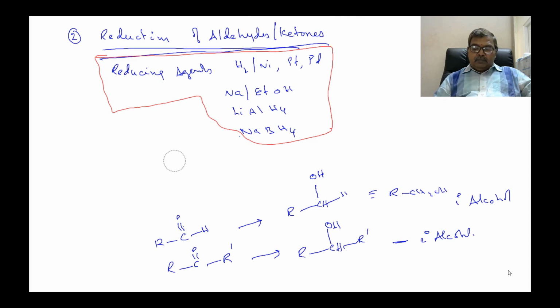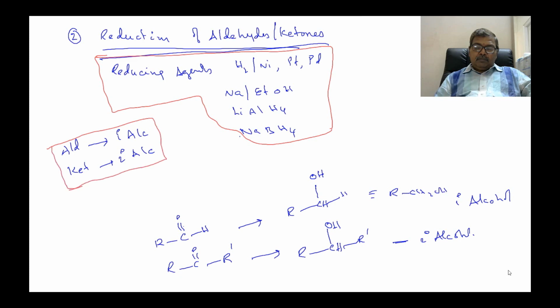Remember, aldehydes reduce to primary alcohols. Ketones reduce to secondary alcohols. That's all. Reducing agents are hydrogen with nickel, platinum, palladium, sodium dissolved in ethyl alcohol, lithium aluminum hydride or sodium borohydride.